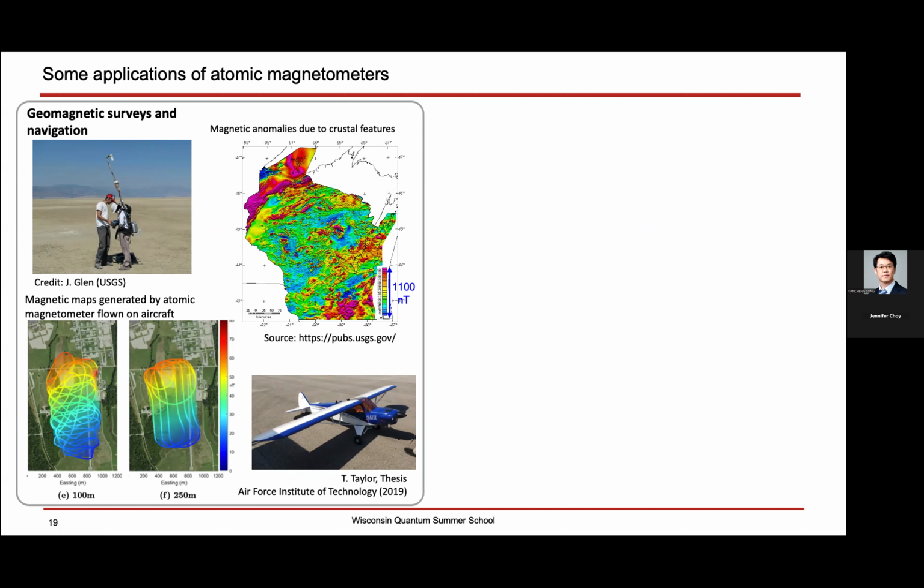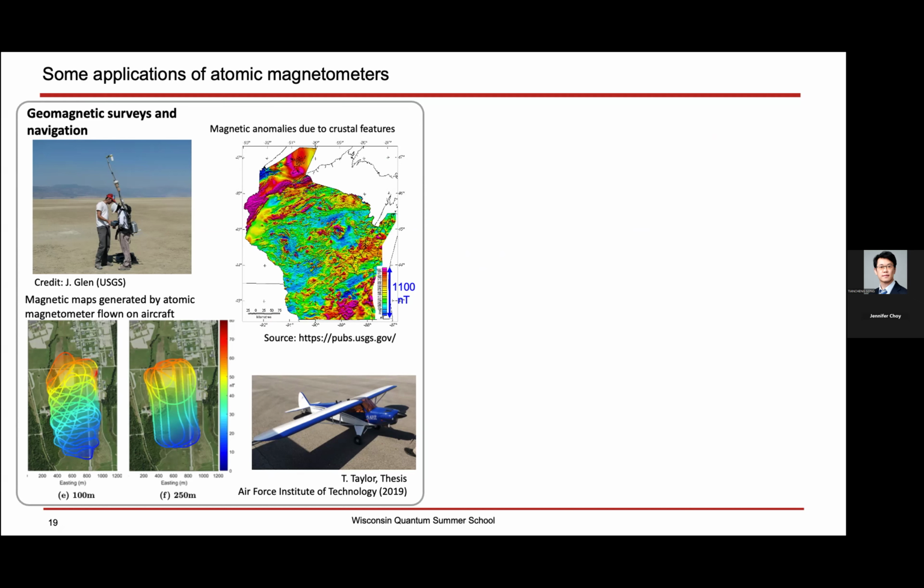And you can see these changes across the state of Wisconsin, which is relatively flat. But even then, you have about a 1,100 nanotesla scale variation, something that would potentially be easily captured by an atomic magnetometer.